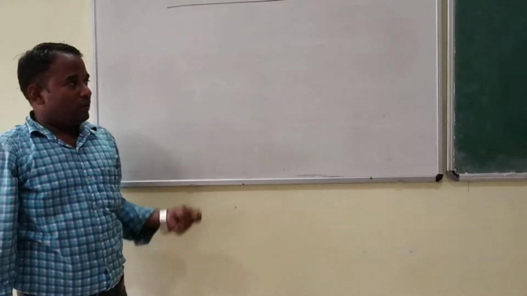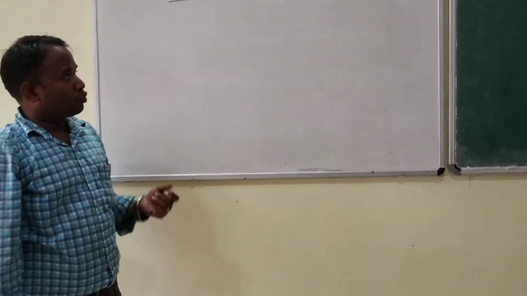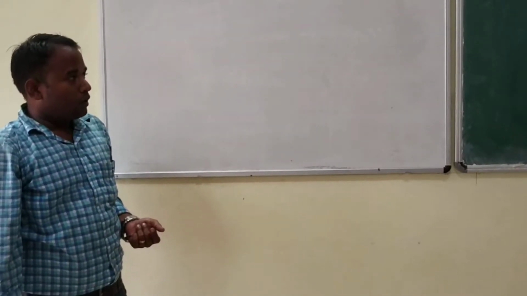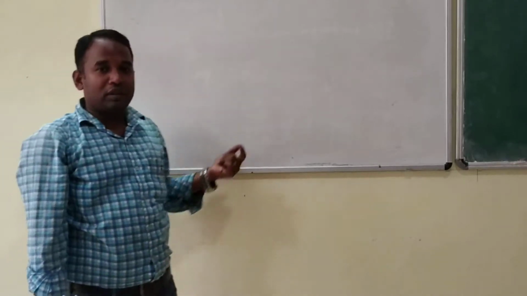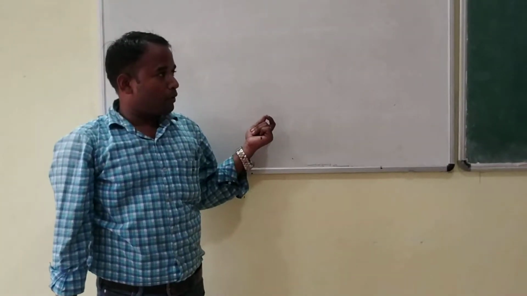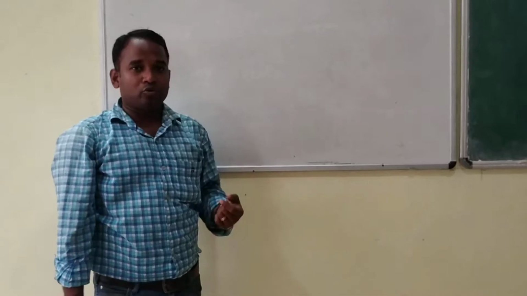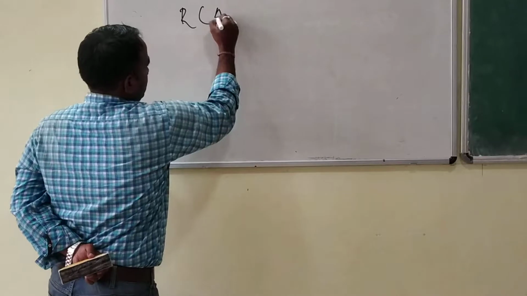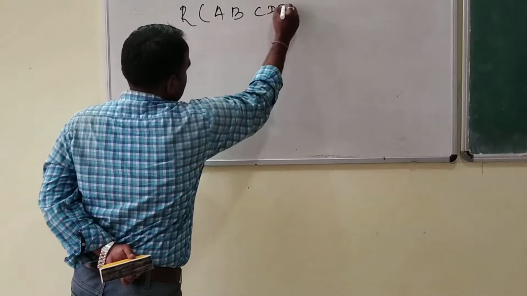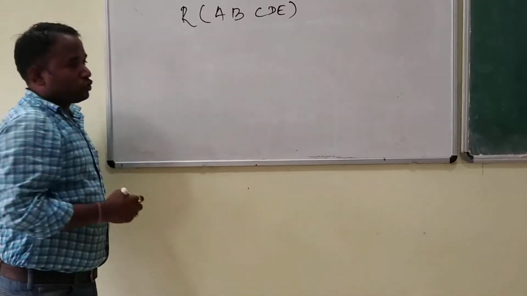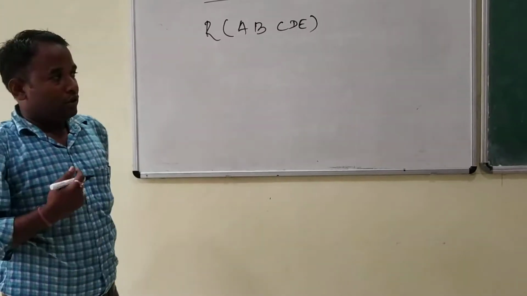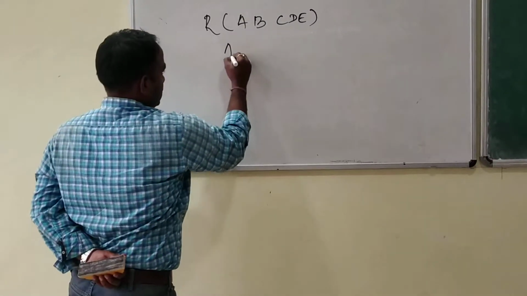Let's take one example. Through this we will understand what the closure property is. Instead of giving the definitions and the algorithm for finding the closure, it's better to solve it through one example. Let's take a relation R with attributes A, B, C, D, E, and on R some functional dependencies are already given to us from the semantics of the relation.